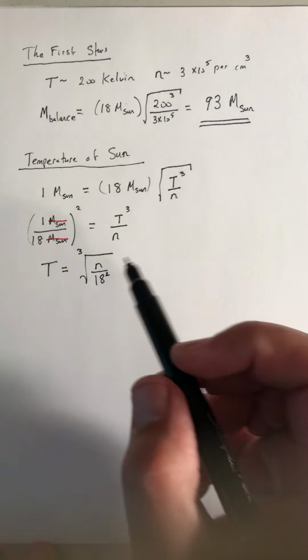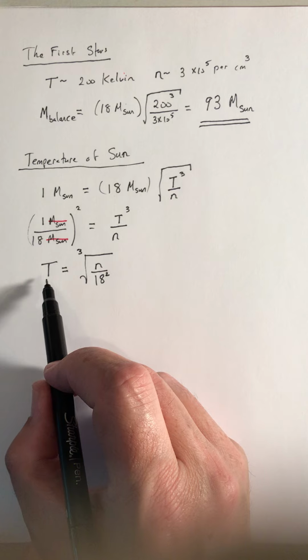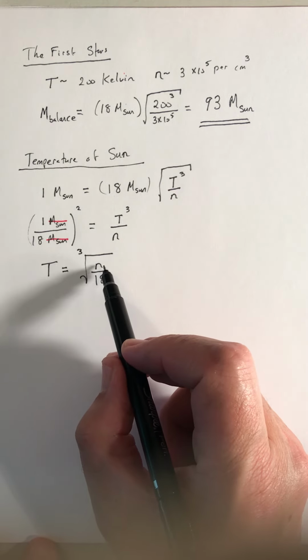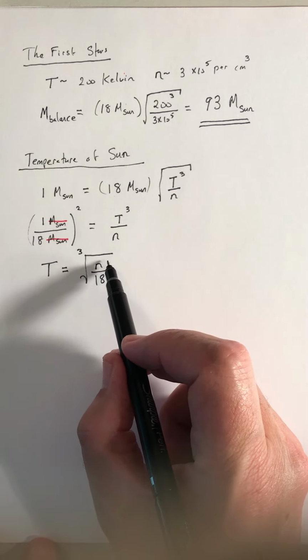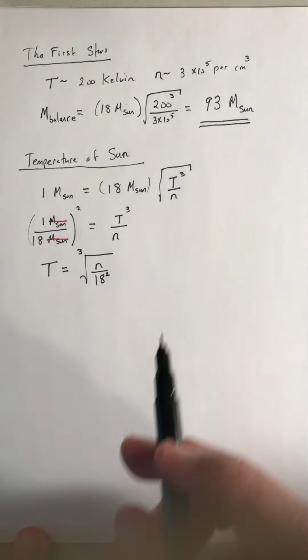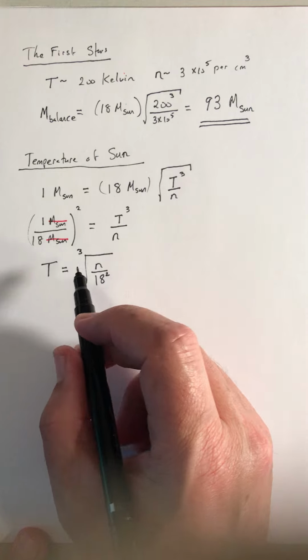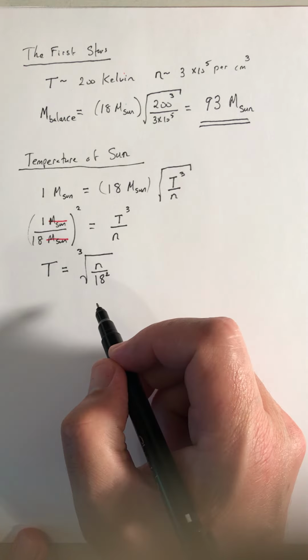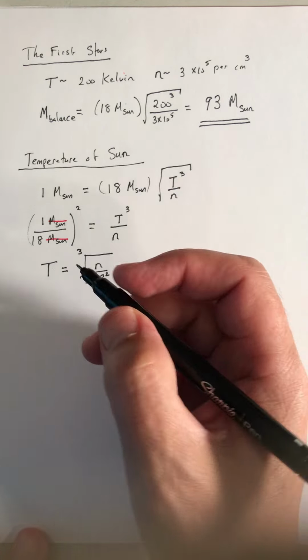Now, if I want to estimate the temperature in the sun, I need to know what the average number density of particles is for the sun. So how are we going to do that? We need to get the total number of particles in the sun and the volume of the sun.